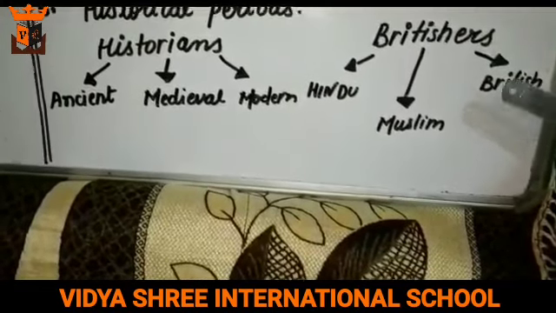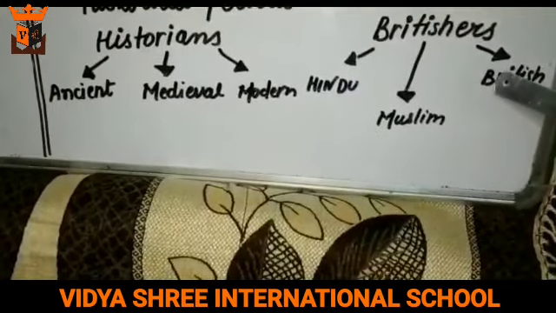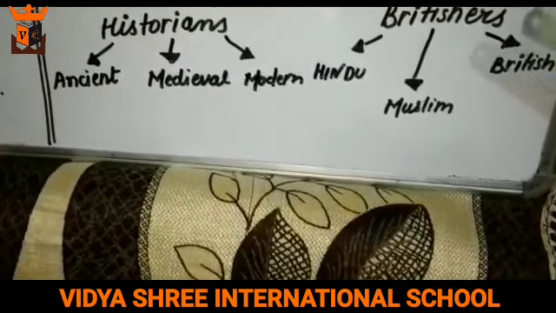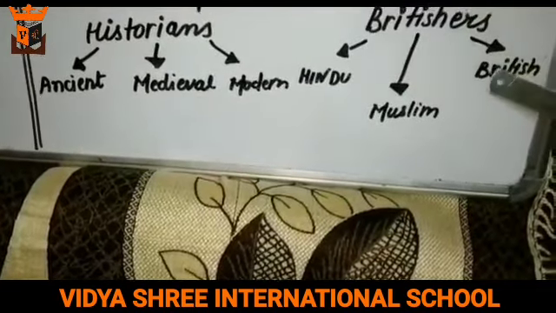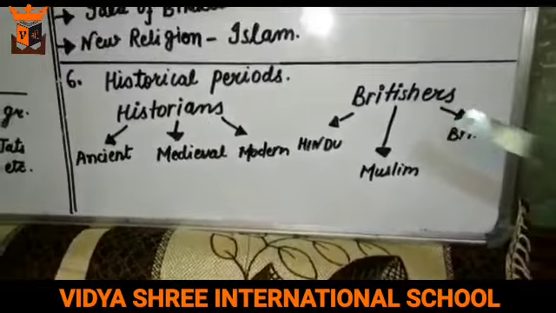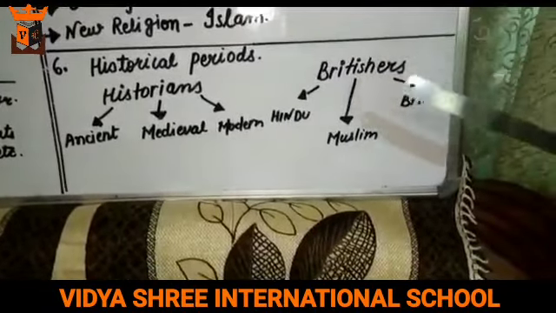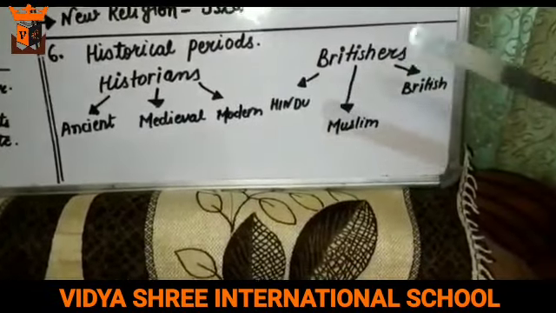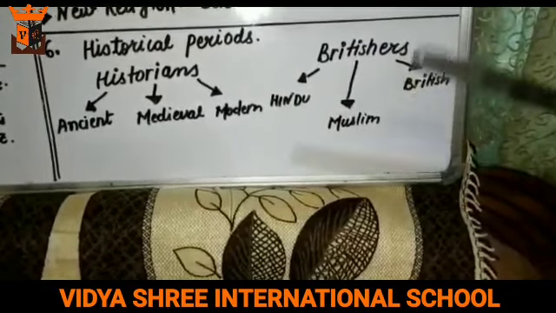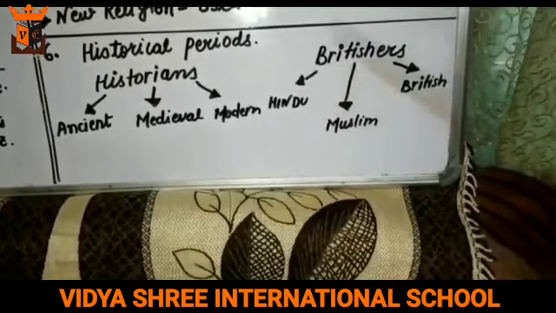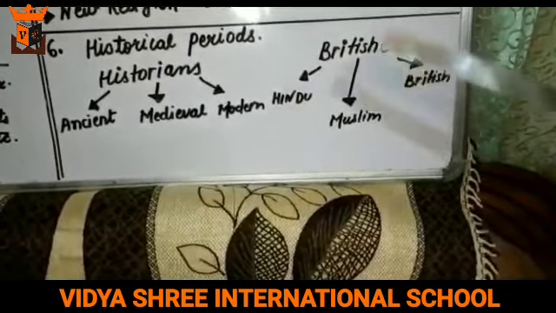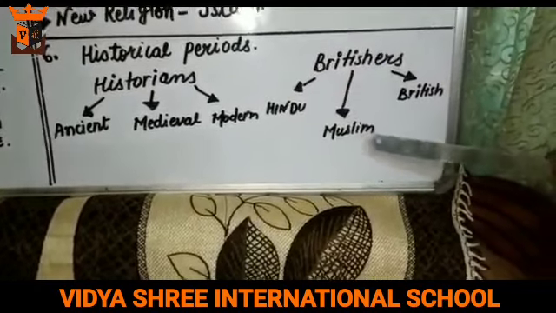But this division was based on the idea that the religion of rulers was the only important historical change, and this division ignored the economy, society, culture and the rich diversity of the subcontinent, and this type of division was not acceptable.